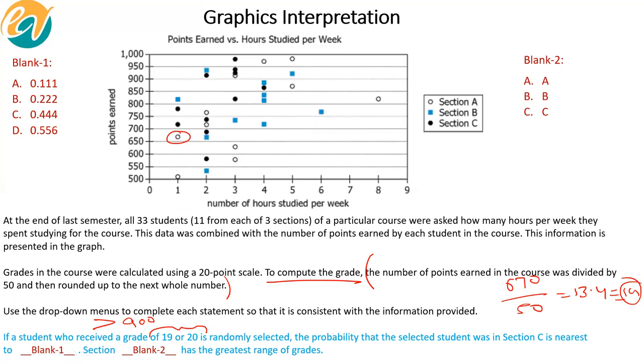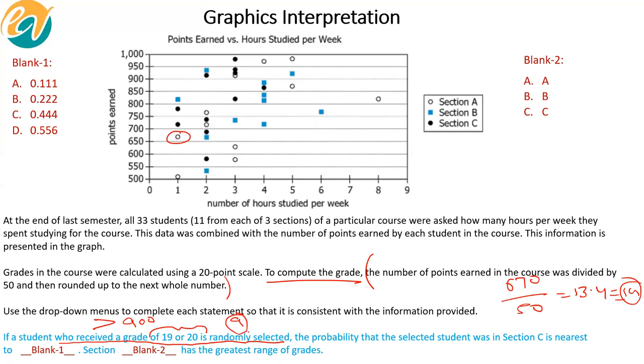Now, based upon this graph, how many students earned more than 900? This is 900. So 1, 2, 3, 4, 5, 6, 7, 8, 9. Total of 9 students qualify for a grade of 19 or 20.